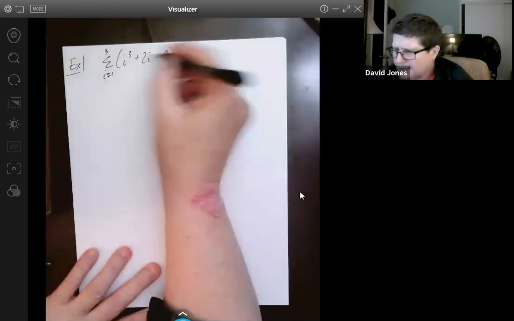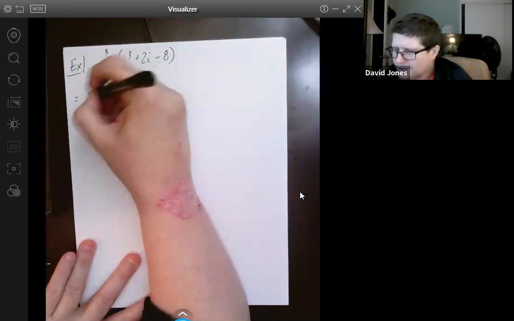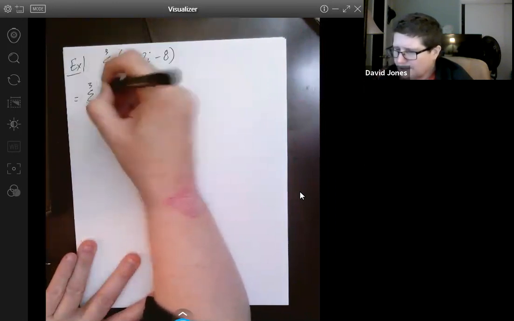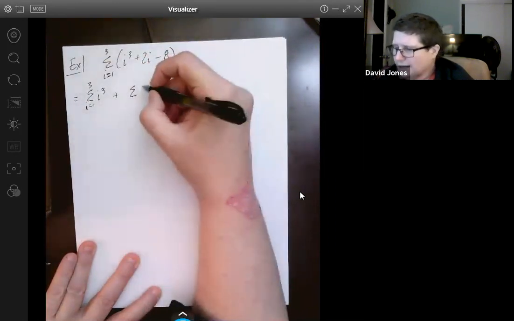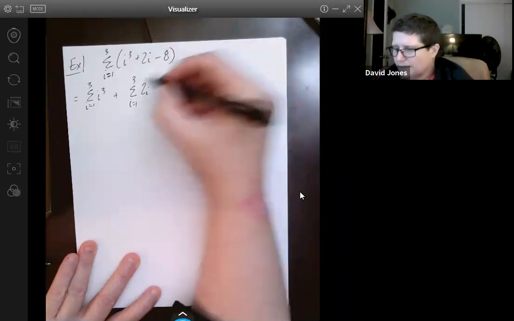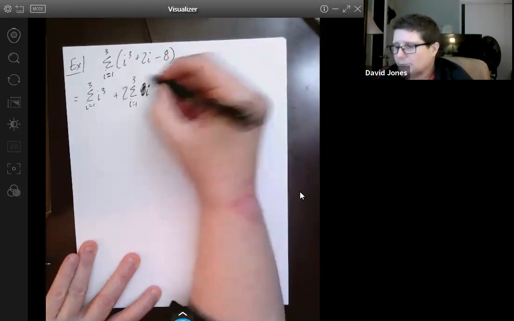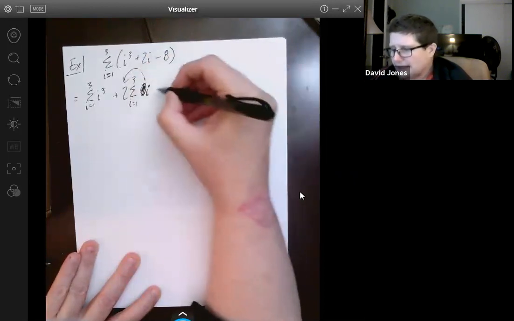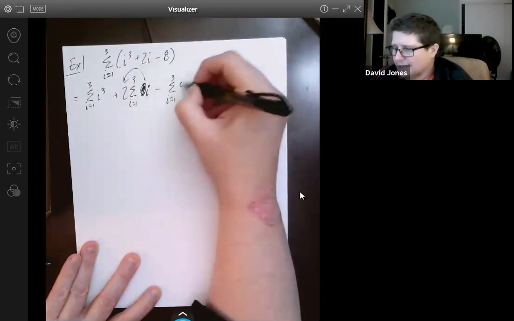Remember when we had a bunch of things added together, we could break this up. This is the same thing as the summation of I equals 1 to 3 of I cubed plus the summation of 2I from I equals 1 to 3. But remember, I can put the 2 on the outside. That was one of the cool properties. Put the 2 on the outside. And then minus the summation of I equals 1 to 3 of 8.